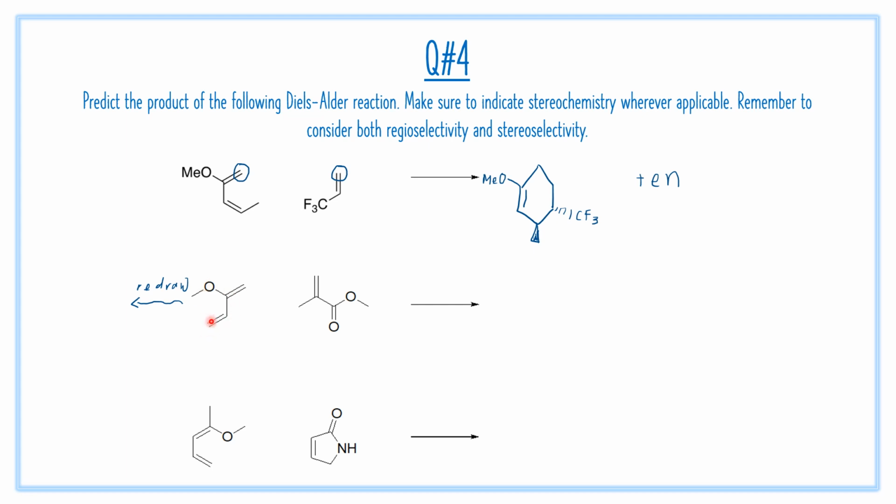And this one, the diene, we're going to redraw so it's in an s-cis formation. It's going to look like this. Notice that the partial negative charge, the most electron dense region, is on carbon number 1 over here. The dienophile is the one with the least electron density based on the resonance structures that you drew. We're going to redraw this so that it is facing the diene, because we want the electron withdrawing group to also be facing the diene.